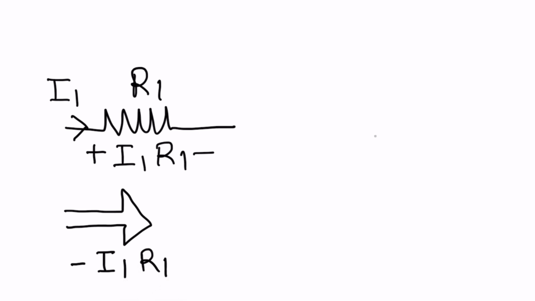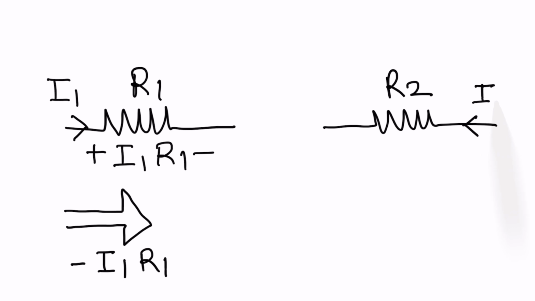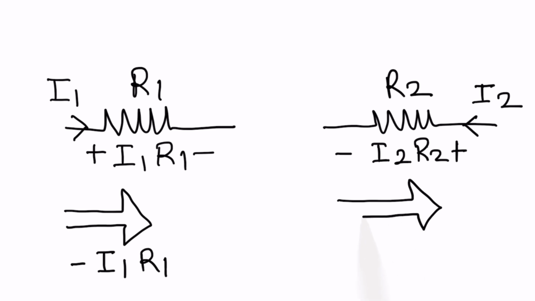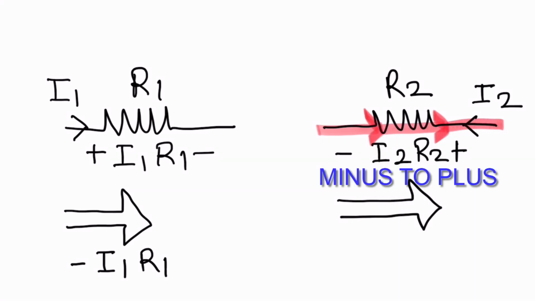Second condition, R2 is a resistor inside the circuit and I2 is the current that is flowing through the resistor. So how will the drop be? Plus I2 into R2 and minus. And let us say you are traveling in this direction and you are writing down the KVL equation in this direction. Now, since you are moving like this, you can observe that you are moving from minus to plus.